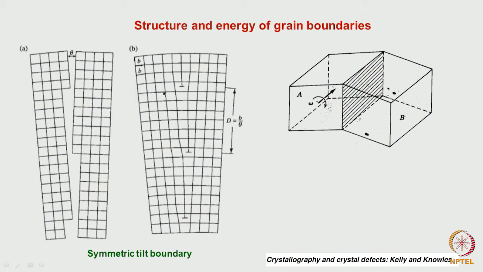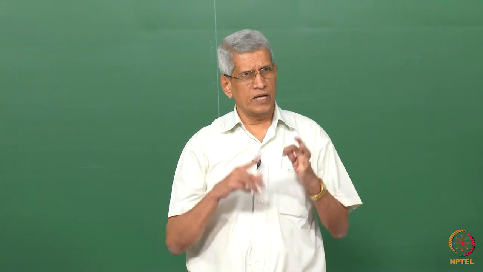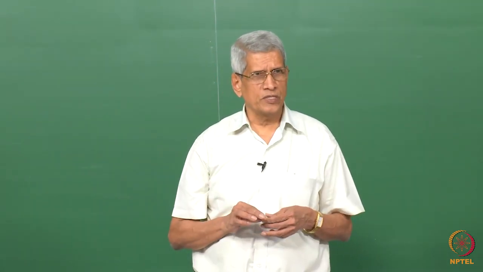So this is called a symmetric tilt boundary. We should understand that essentially only one type of dislocation is there, an edge dislocation, kept one on top of the other, and this boundary is generated.